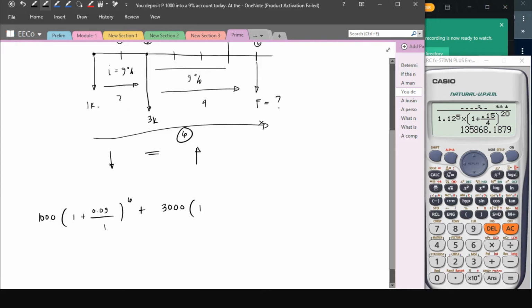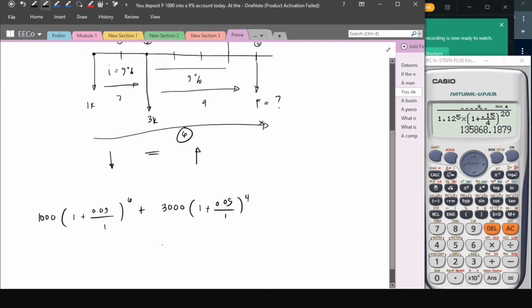So, 1 dito, hindi lang naman dito matitigil yung growth ng 1 eh. For the 6th year, ang hahanapin mo dyan, ha? For the 6th year, hindi kasama yung 2. Kasi sabi ko, kahit yan mag-deposit ka pa rin ng 3 years, on the 2nd year, yung 1K mo, gumogrow pa rin yan at 9% for the entire year na kung saan future amount mo is hahanapan mo. So that is 3,000, 1 plus 0.09 raised to 4.